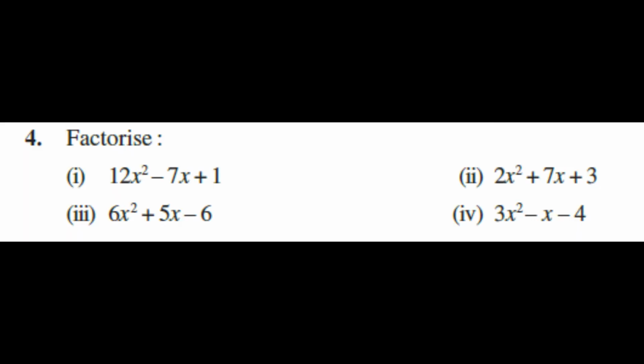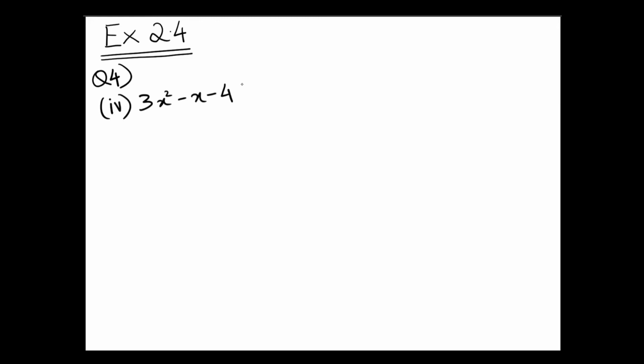The fourth part of this question is the polynomial 3x square minus x minus 4. Now here we'll split the middle terms in such a way that the product becomes 3 into minus 4, which is minus 12, and the sum of the middle terms is minus 1. So these are the numbers minus 4 and 3 itself.